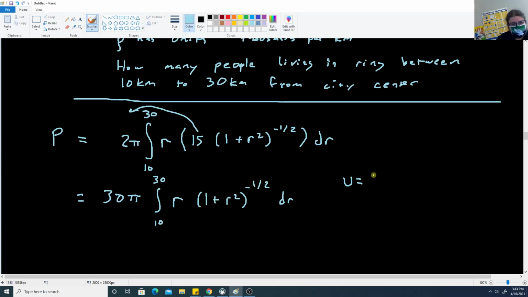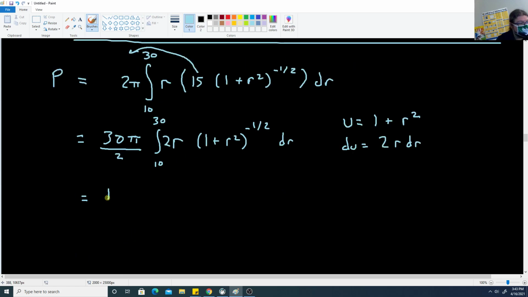I usually want to choose u to be the inner part of the function. Then du will be, the derivative of 1 is nothing, the derivative of r squared is 2r dr. So I have the dr and the r. I need a 2, so I'll put a 2 in here, which means I have to divide by 2. And so what I get is 30 pi over 2, which is 15 pi.